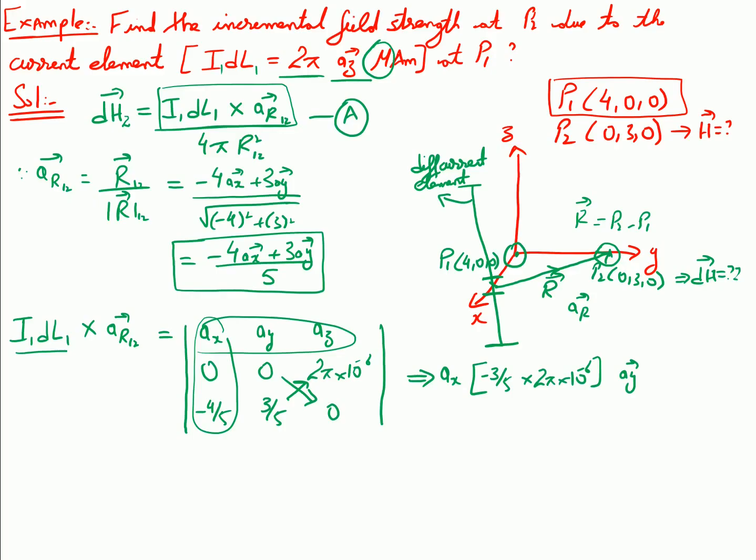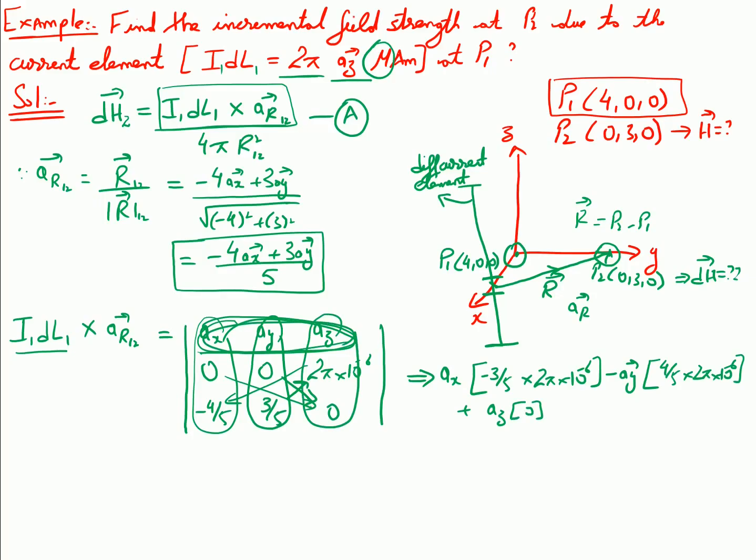For the a of y, we take these values, so it is going to be the product of this with this. I'll bring the negative sign out, so it will be minus a of y, 4 by 5 multiplied by 2 pi into 10 raised to power minus 6. And then for a of z, it is 0 because we are going to block this and this portion, so it is automatically 0.